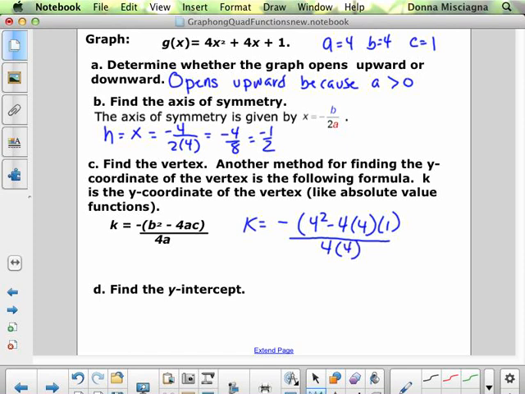Oh boy, that's a lot of 4s, isn't it? We are missing a parentheses there. All right, I think I have all the right number of parentheses.